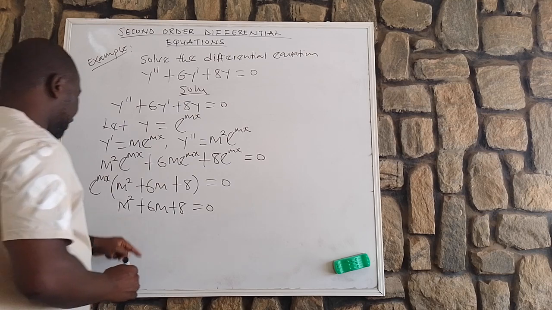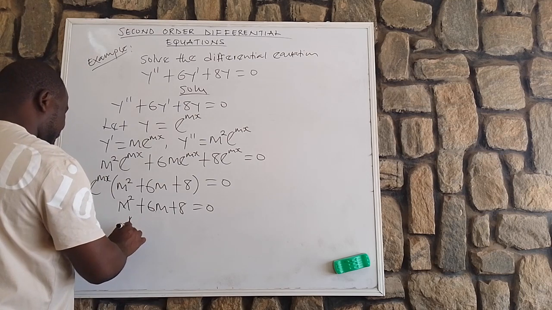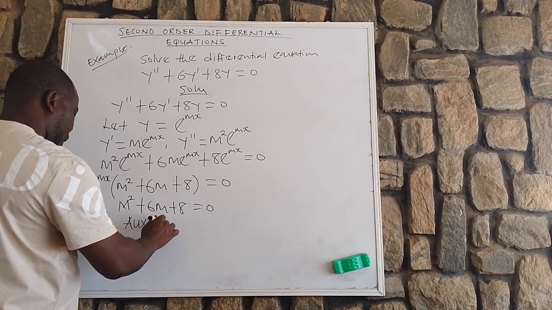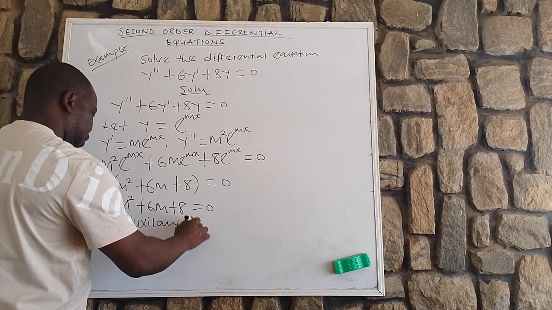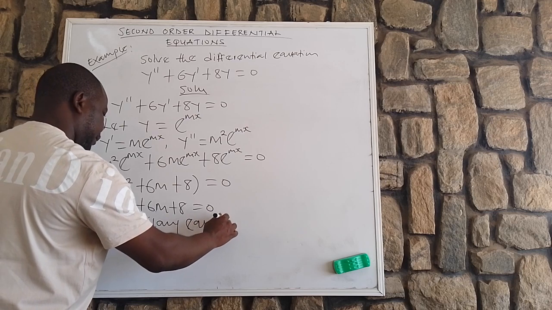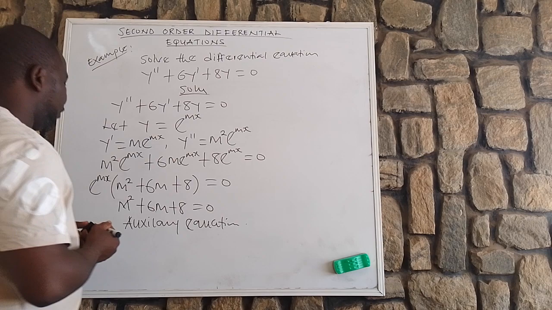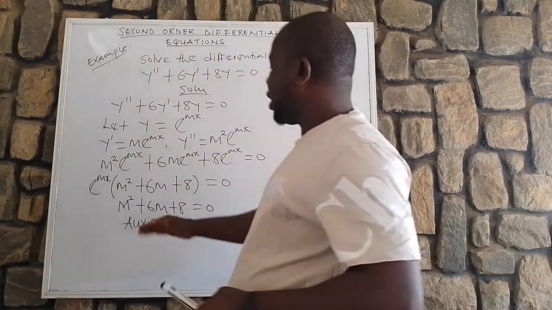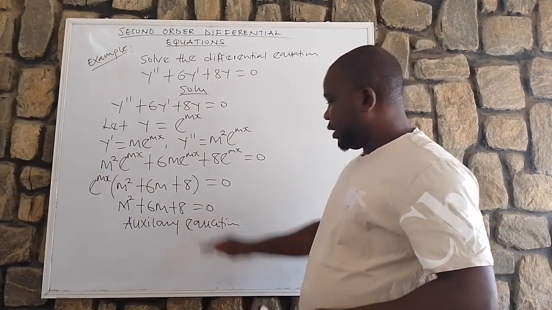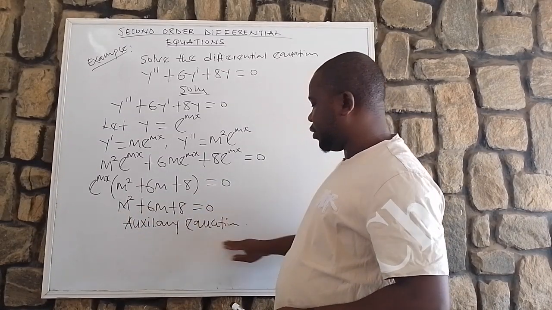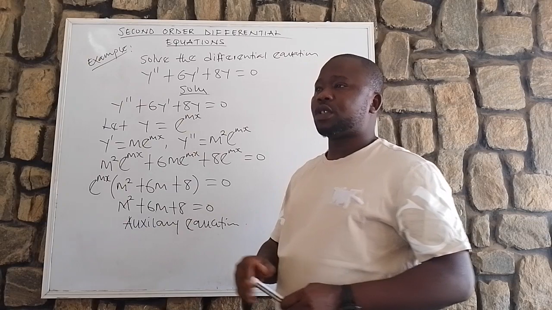Please take note: auxiliary equation. This is in quadratic form and is known as the auxiliary equation.